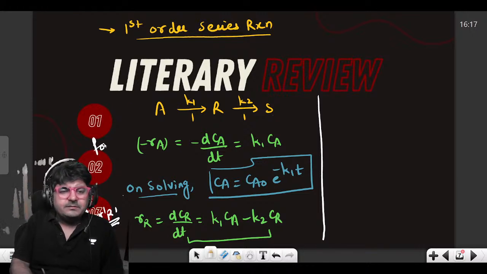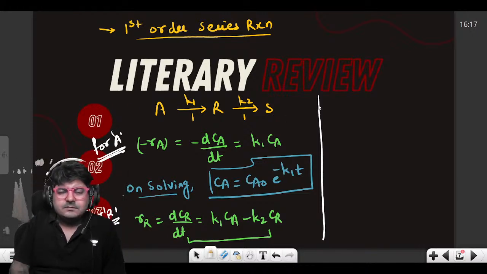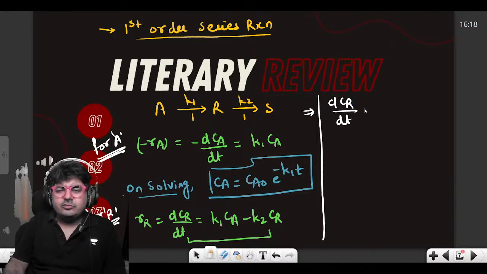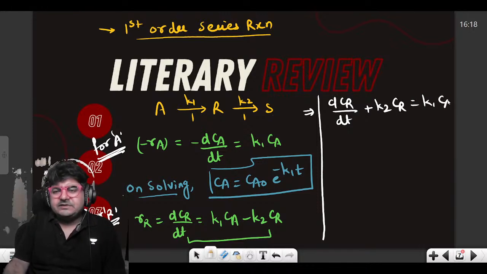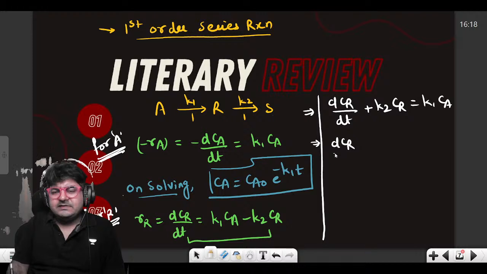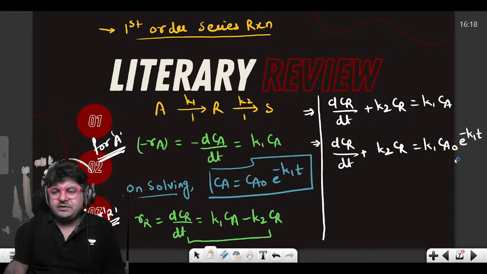This was for A. For R, dCR by dt, this K2 CR you can take on the left hand side. It will be K1 CA, and here CA is a function of time. So you can also write it as dCR by dt plus K2 CR is equal to K1 CA0 into e to the power minus K1t.